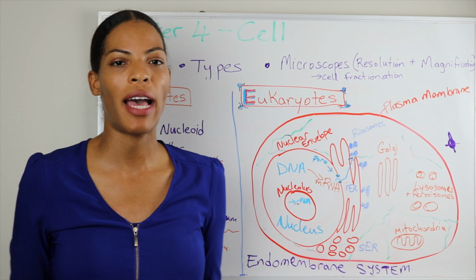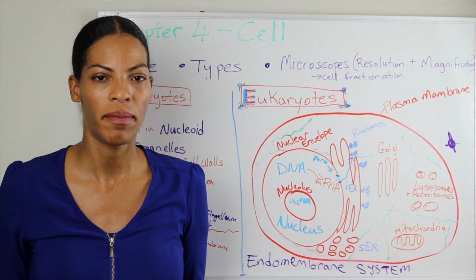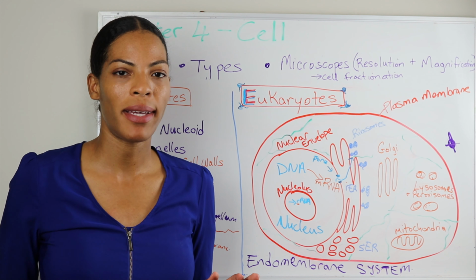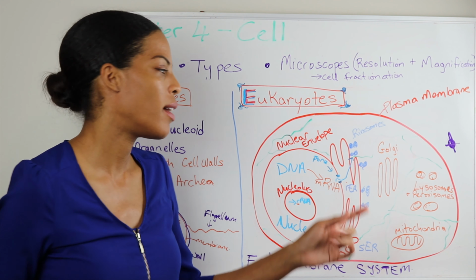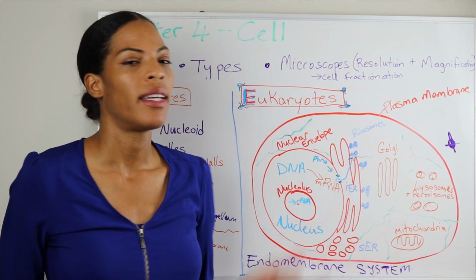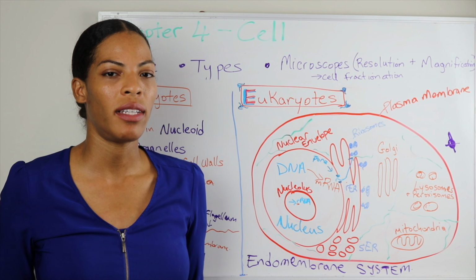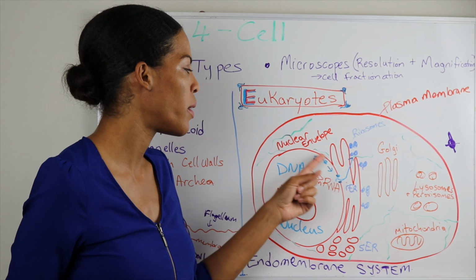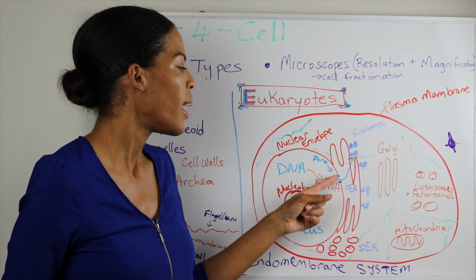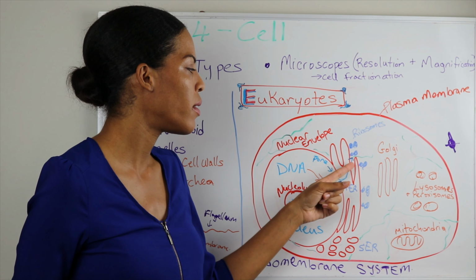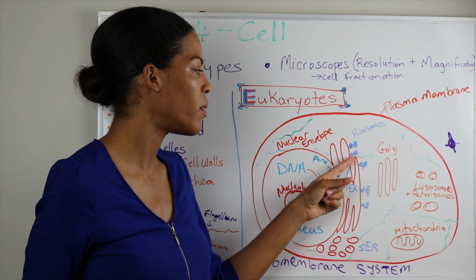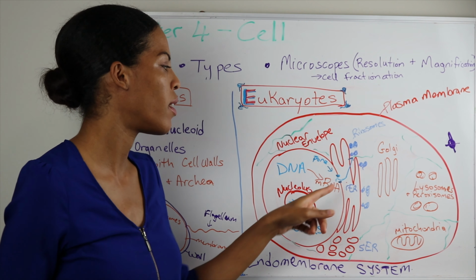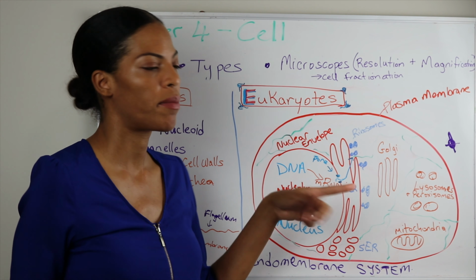So the DNA would have the message to make the protein. But the DNA stays in the nucleus, and in order to get that message, you have to make a messenger RNA. Messenger RNA would then leave the nucleus through the nuclear pore, which is part of the nuclear envelope. And that would now travel, the messenger RNA would travel out to the ribosomes, and the ribosomes are found on the rough ER.